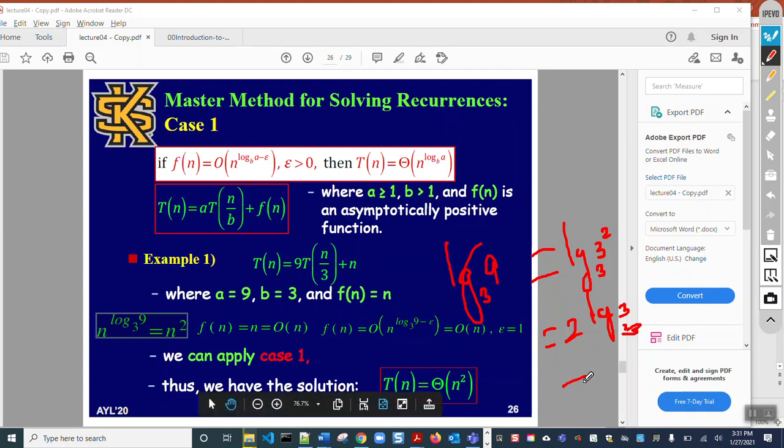So equal to 2 times 1, equal to 2. That means we are getting over here n squared, right?